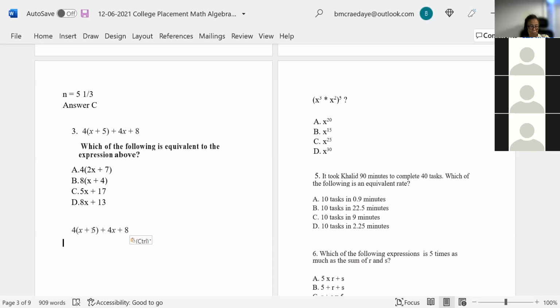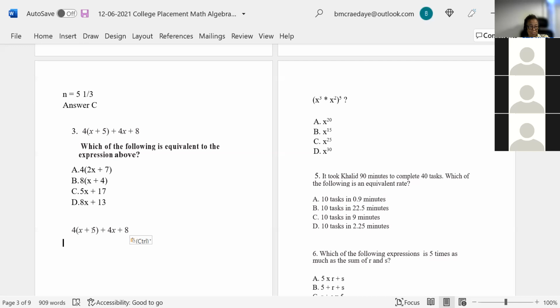And what's 4x plus 4x? That's 8x. And then you have 20 plus 8. What's 20 plus 8? 28.